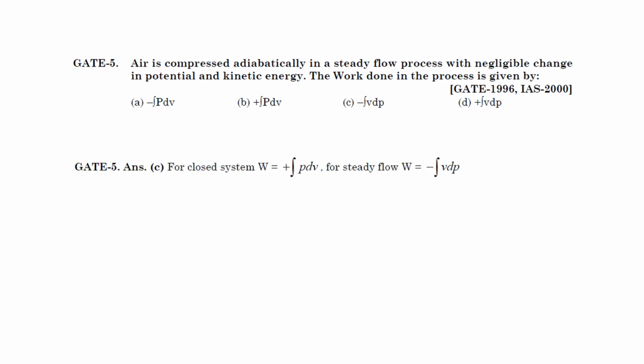This is actually C, minus VdP. So please remember that for a closed system it is plus integration of PdV, and for a steady flow it is W is equal to minus integration of VdP. They are asking for a steady flow process, so its answer will be C.